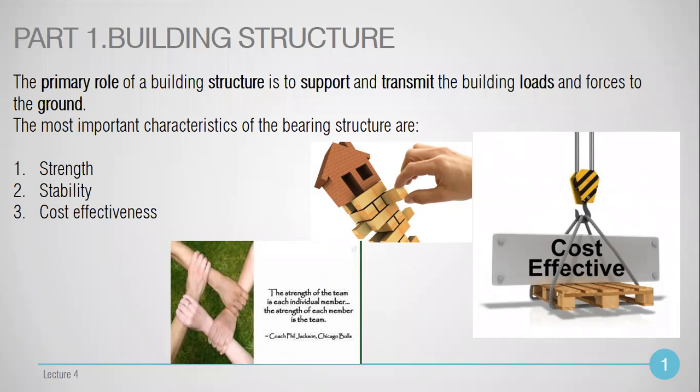So the most important characteristics of the bearing structures are, and here we see 3 main points: strength, stability, and cost. The strength is the capacity of a structure to carry the loads applied to it. Stability means that a structure can maintain its shape when loads or forces are applied.